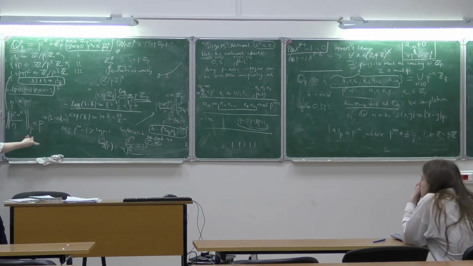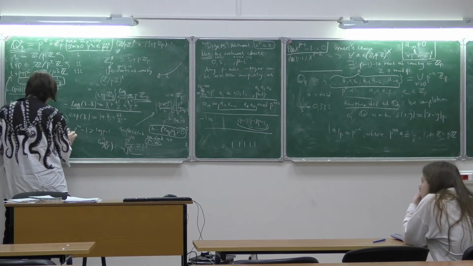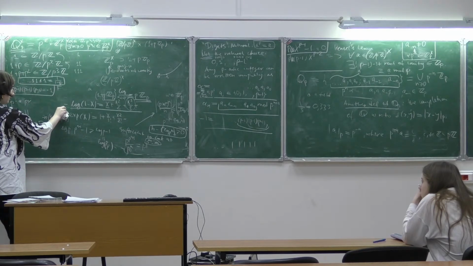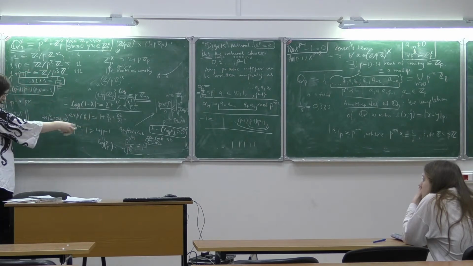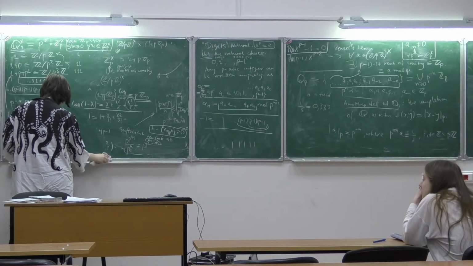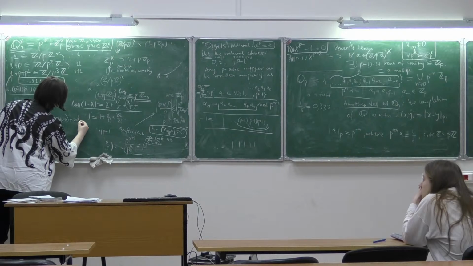So this is p to the n, and then p to the whatever degree that is inside here. And this lower one is the maximal degree of p contained here. And then plus whatever is here.